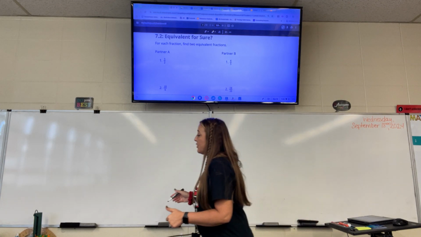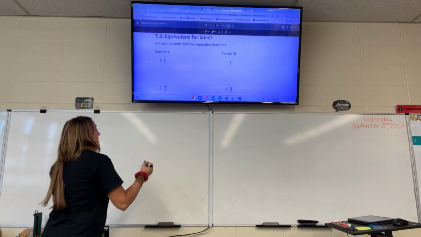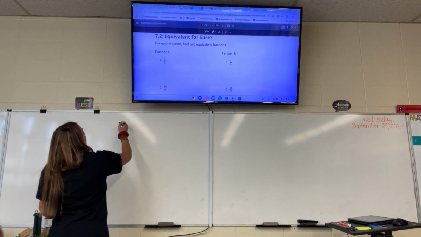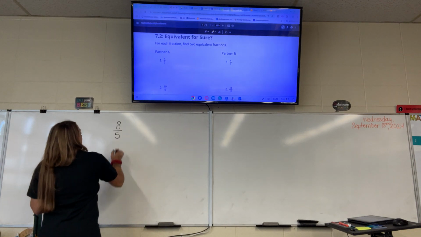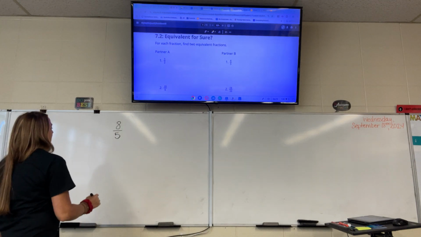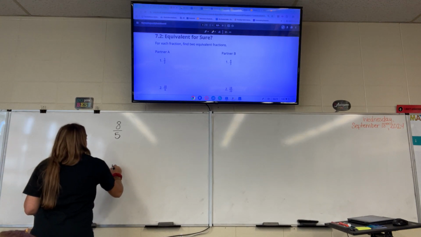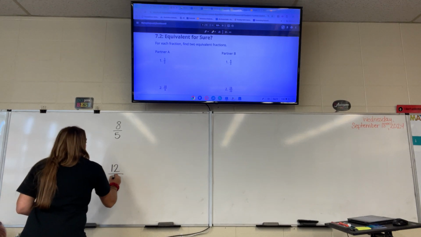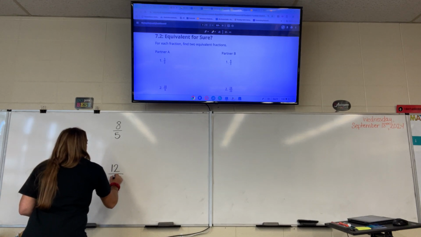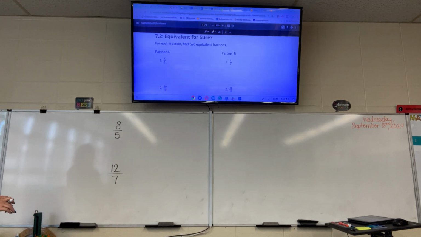So if I am partner C, and this is the fraction that I have, 8/5, and my other fraction is 12 sevenths. And it wants me to find two equivalent fractions.